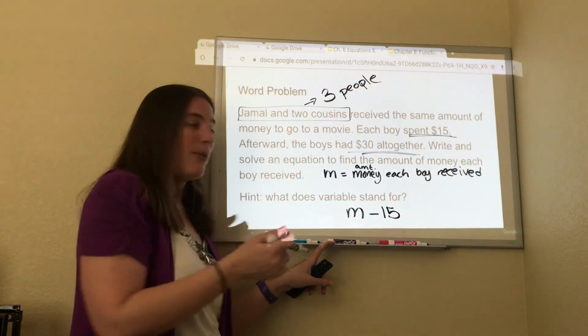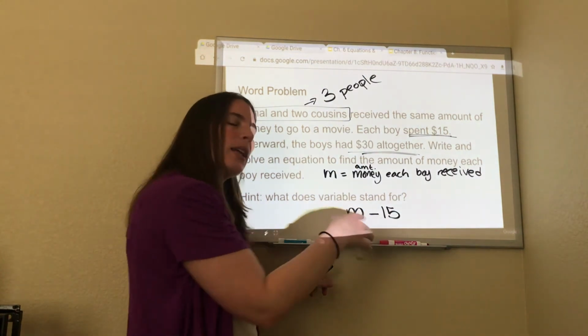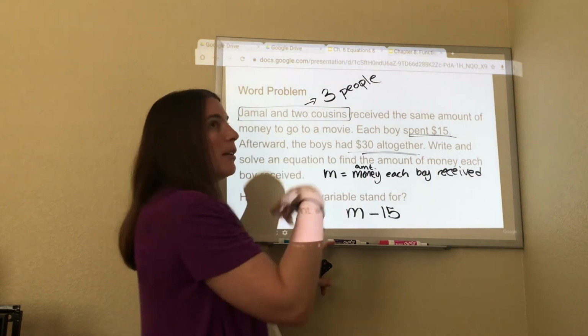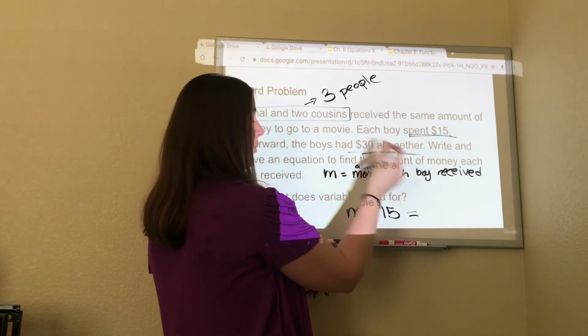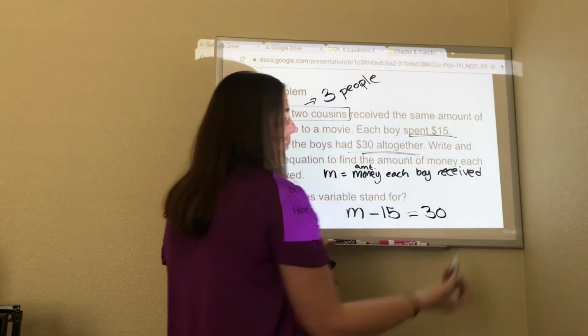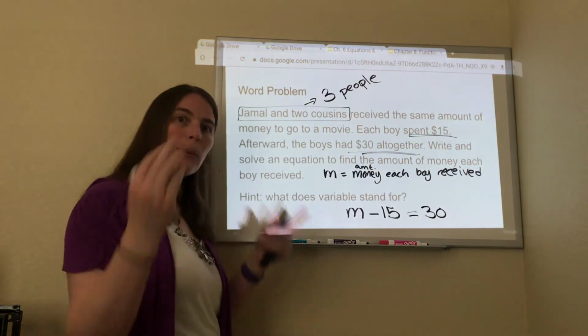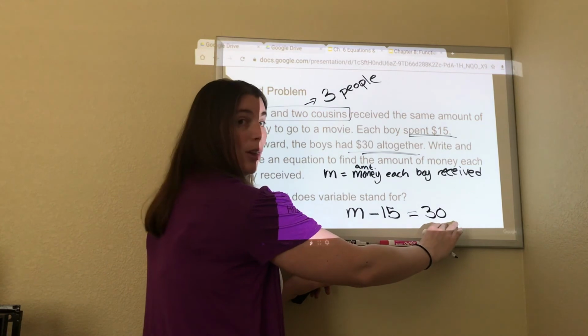So then if they started with $20 and they took away 15, I would be left with $5, right? And then that's saying what they had left, which would be 30. However, this is for one person, but we're talking about all 3 people having $30 left over.